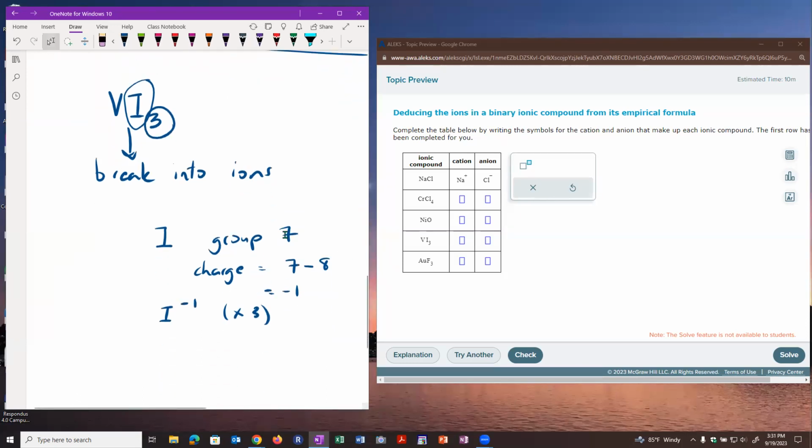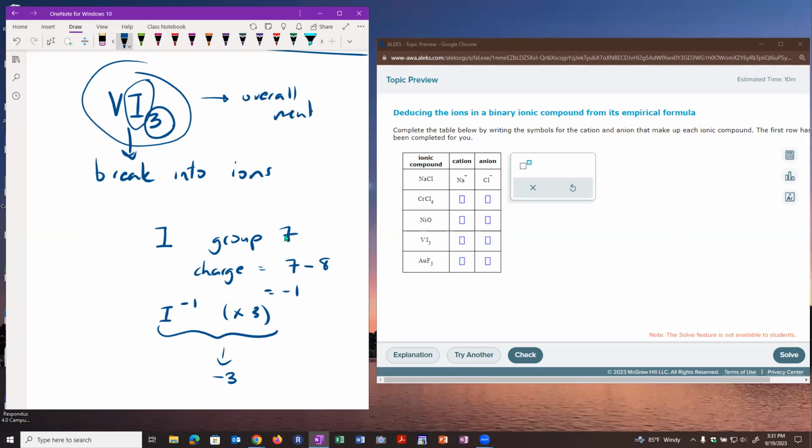So all iodides in this formula, all 3 of them would add up to give -3, because I have 3 of them. Now, for your ionic compounds as a whole, these overall must be neutral, which means the total positive charges must equal the total negative charges. Well, we just figured out all of the negative charges add up to -3. That's for this half of the compound, which means in order for this thing to be neutral, the other half of it, which is the V, the vanadium, must be equal and opposite to the negative side, right?